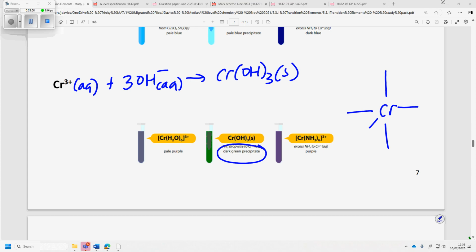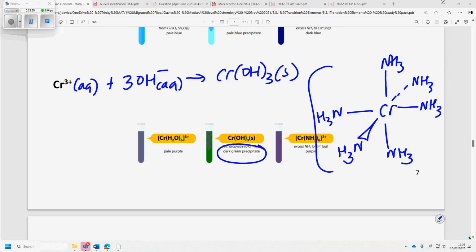This time, this is an easier one to remember. Chromium is surrounded by 6 ammonias. That's more straightforward, isn't it, than the copper ammonia complex. The nice thing about chromium, although there's loads of colours to remember, is that when chromium is surrounded by ligands, all the ligands are the same.